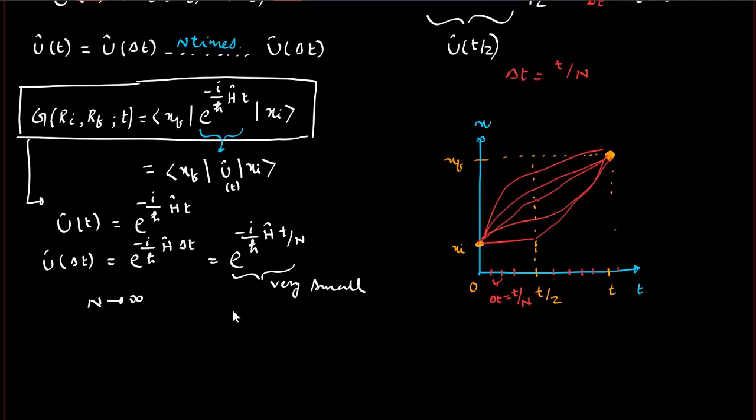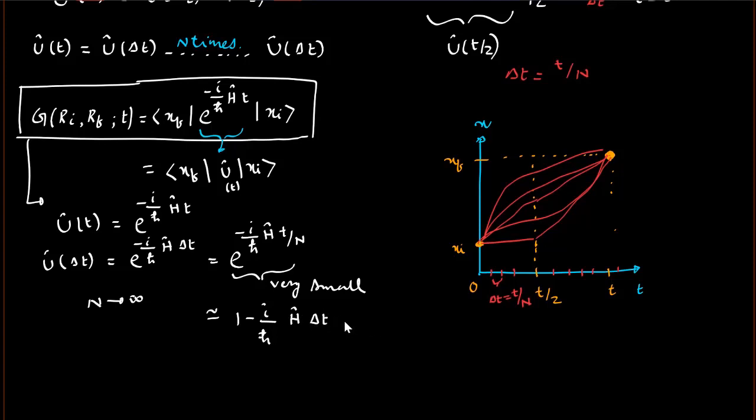That means we can expand this term in a Taylor series, right? So if we expand this term in a Taylor series, then this term becomes approximately equal to 1 minus i by h cross into Hamiltonian into delta t.